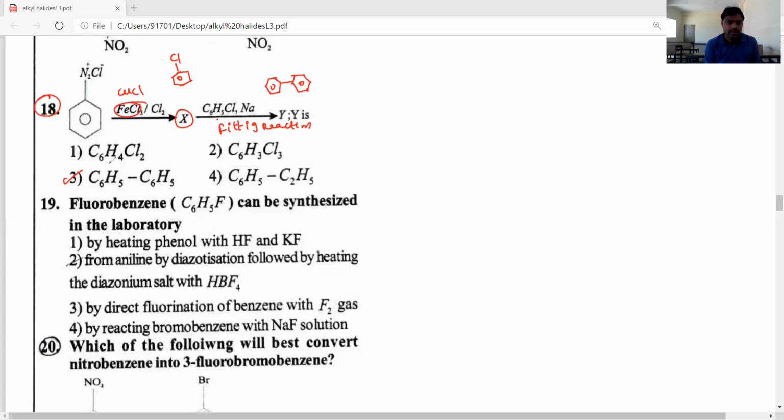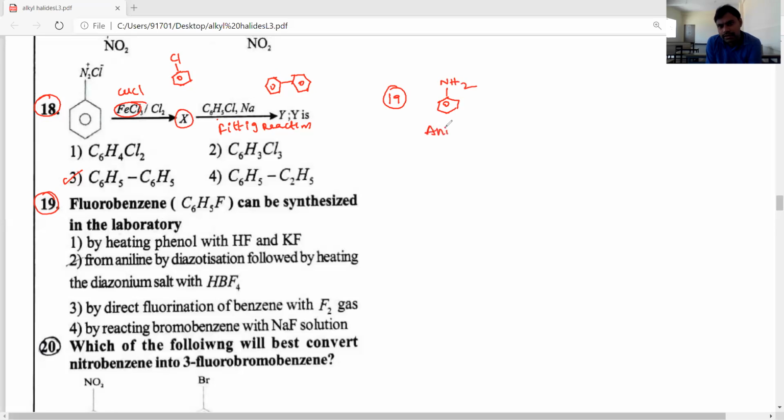Okay. Now, 19th: fluorobenzene can be synthesized in the laboratory. How can we synthesize fluorobenzene? The name reaction for fluorobenzene synthesis is known as the Balz-Schiemann reaction. First, aniline, a benzene ring with an NH2 group.